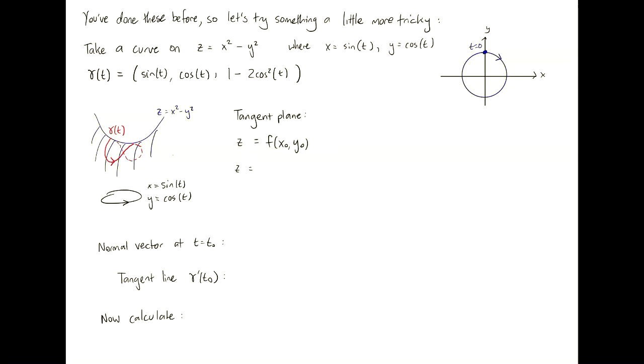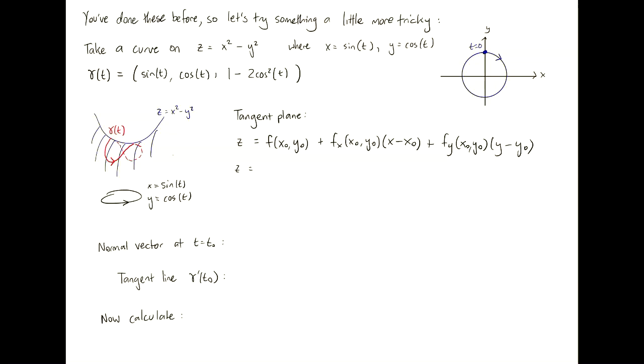If we're on the tangent plane, z is that plus the linear contribution in the x direction times however far we've moved in x, plus the linear contribution in the y direction times how far we've moved in y. So this is a plane that is glued to our surface at a point and is tangent to our surface in every direction at that point.